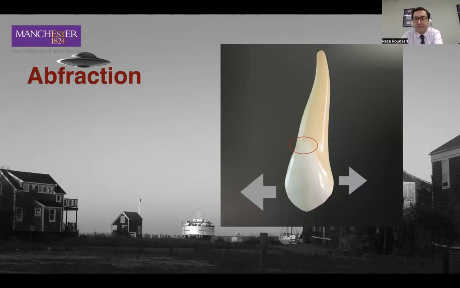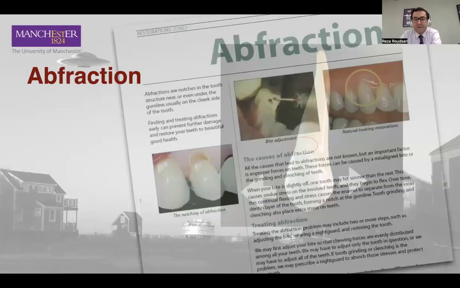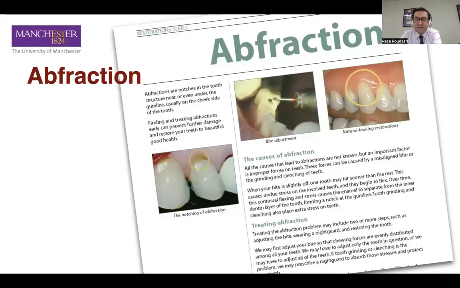And as the tooth is being loaded laterally, for example, on lateral excursions, or if you do have a group function, part of the enamel and dentin can break off, and they can create very similar type 5 lesions that you would see in toothbrush abrasion. The big difference is that a lot of times these abfraction defects can go underneath the gum, they can go subgingival.